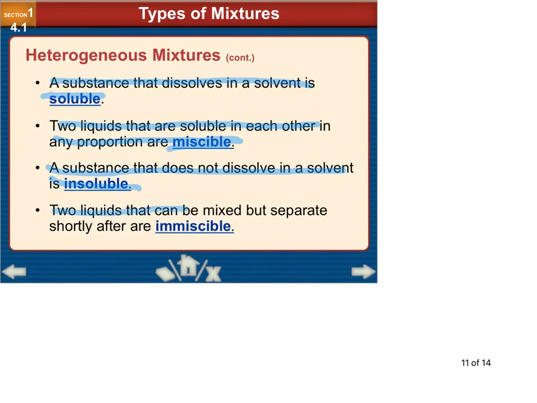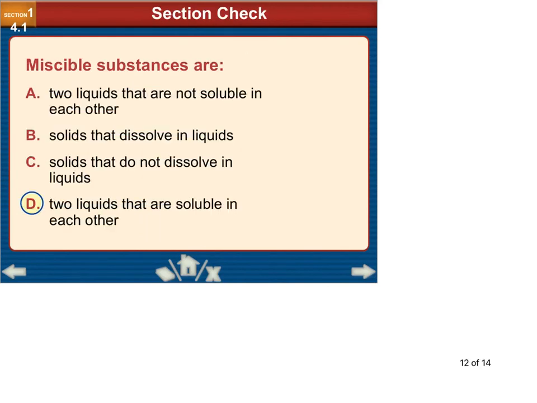And then liquids that will not mix or dissolve in liquids, we call immiscible. So miscible substances, by the definition we just had, are two liquids that are soluble in each other. Two liquids that are not soluble in each other would be immiscible.